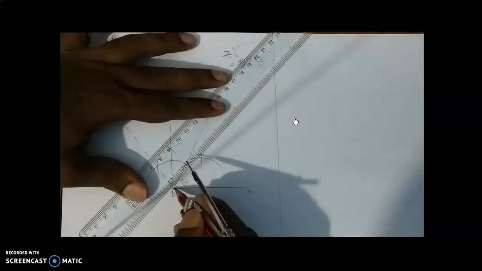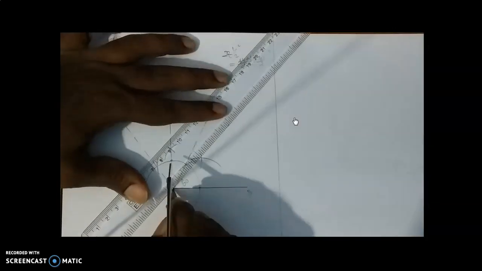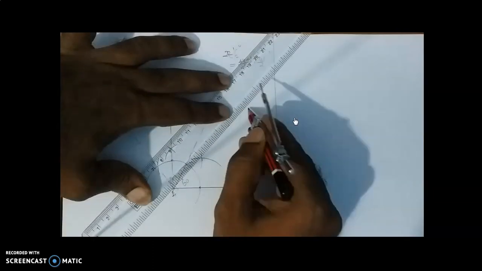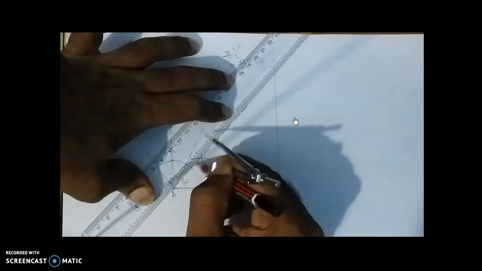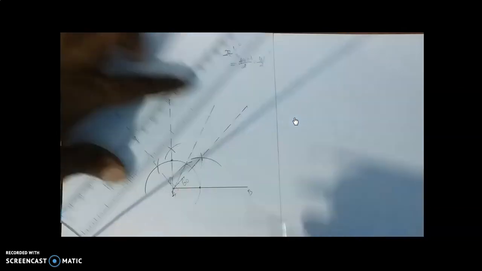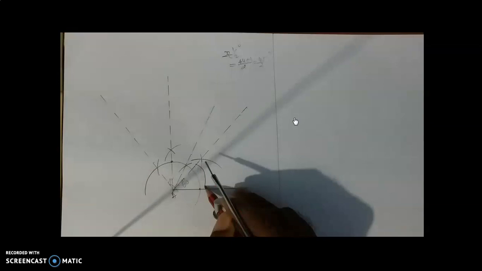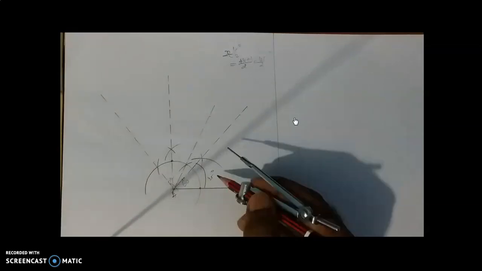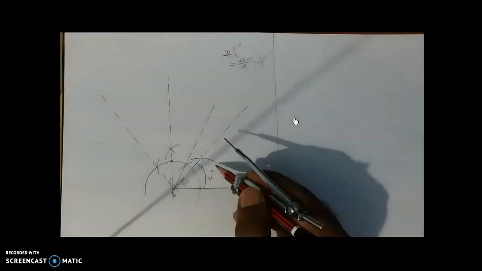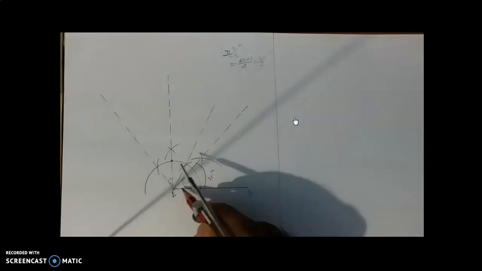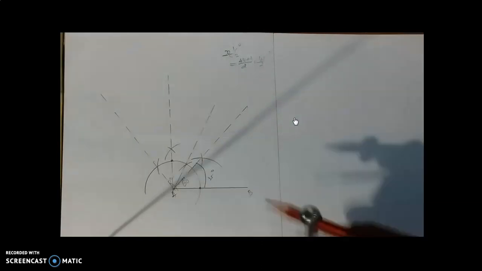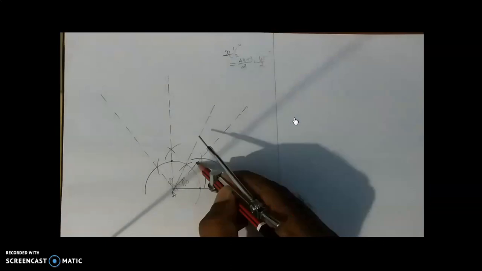Draw a dotted line, because we are going to construct 22 and a half only, right? That is half of 45 degree, so it is enough to draw with a dotted line. Now this is 45 degree, but I need half of 45, so we are going to bisect this angle now. These two are the end points of 45 degree.